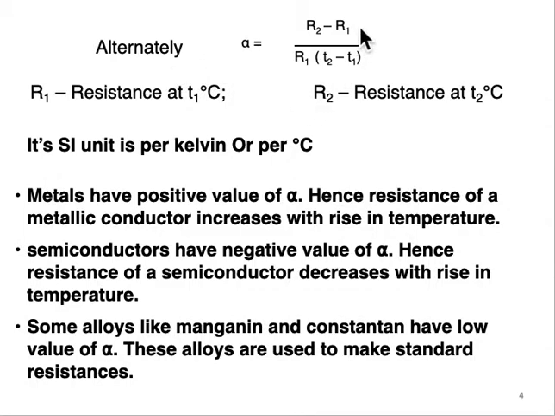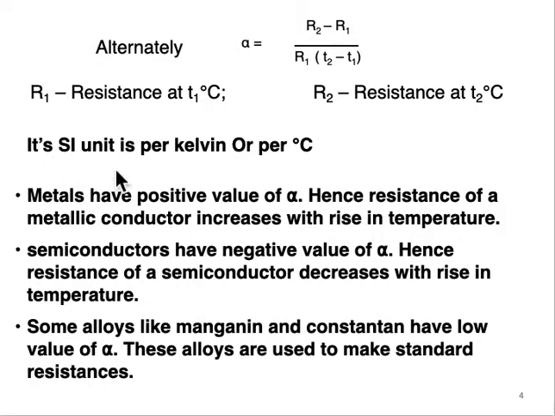Alternately, if R1 and R2 are values of resistance at T1 degree Celsius and T2 degree Celsius, the temperature coefficient of resistance over the temperature range T1 degree Celsius to T2 degree Celsius is defined by this expression: change in resistance per unit original resistance over rise in temperature.